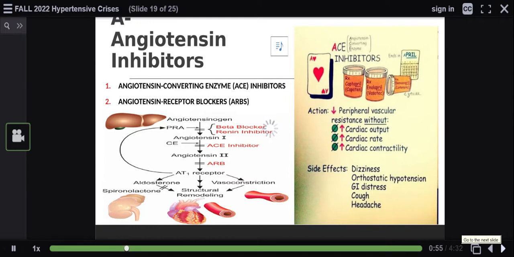So which means we're stopping or preventing the blood pressure from coming up. Most commonly used ACEs, as I mentioned, the prils. Don't forget that the captopril, enalapril, lisinopril. Those are the ACEs. The ARBs are the TANs: losartan, olmesartan, valsartan, telmisartan.